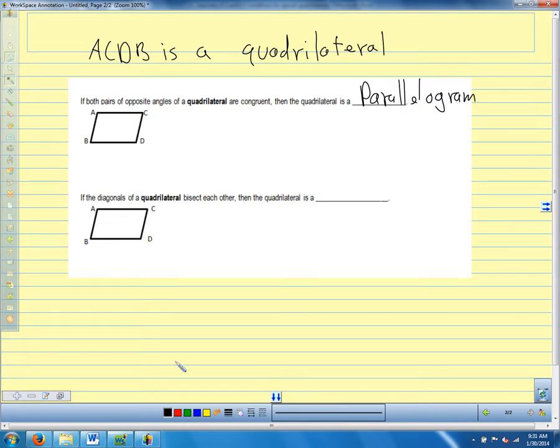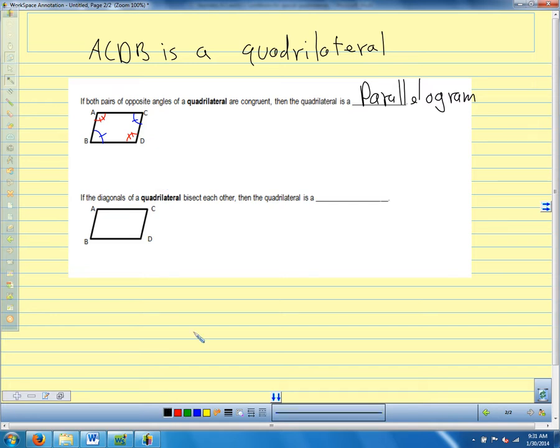And we can mark it on our shape here. So both pairs, that one is congruent to that one, and that is congruent to that.